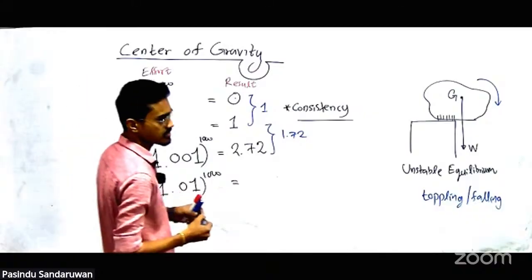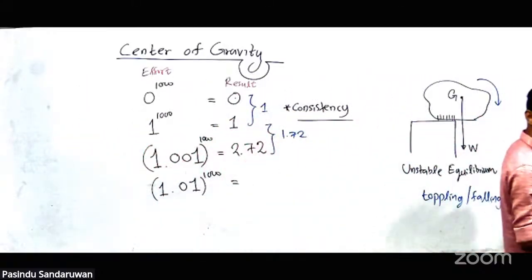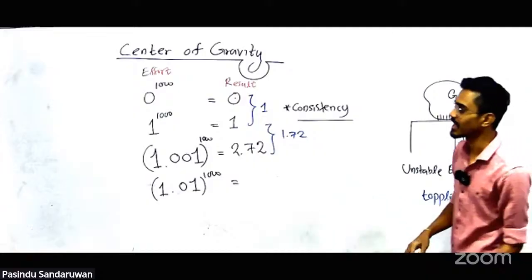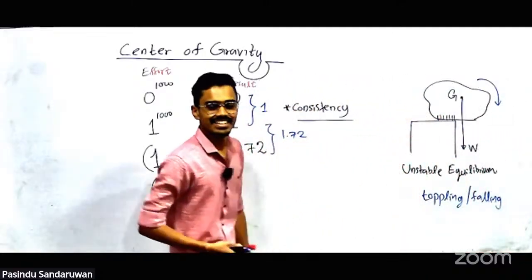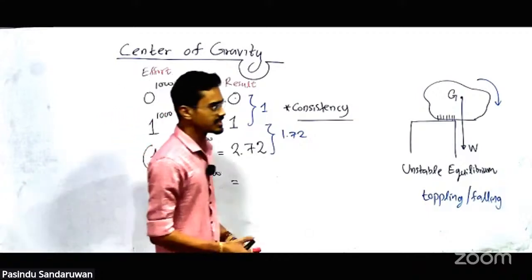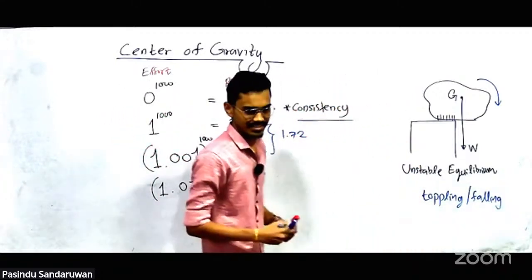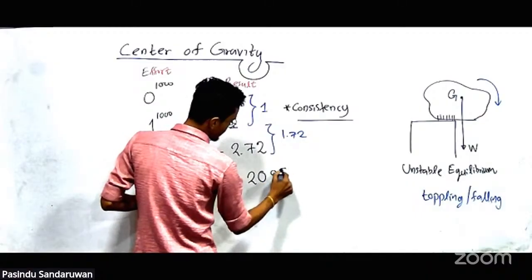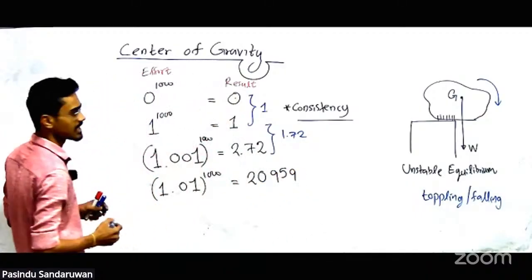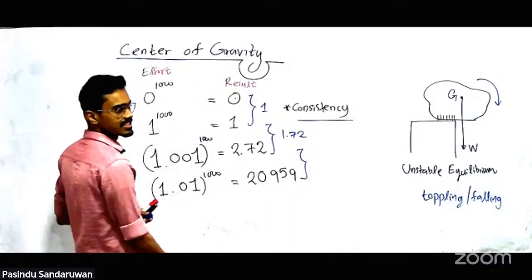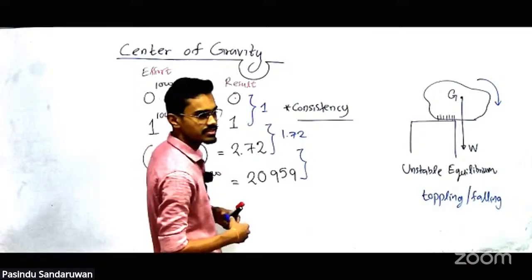What is the answer? 20,959. See the difference?